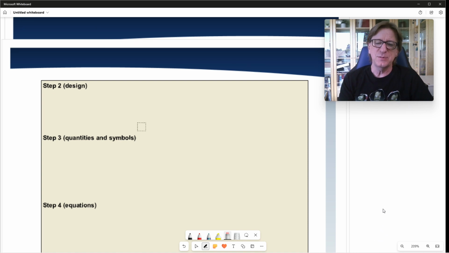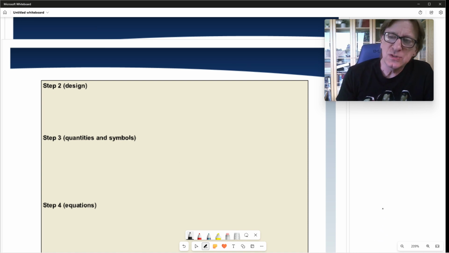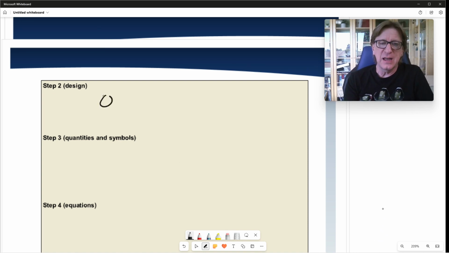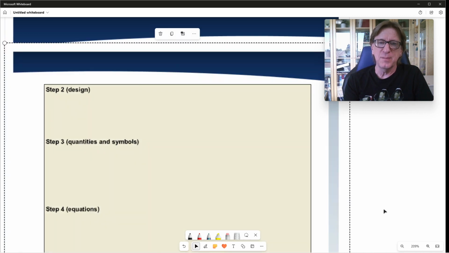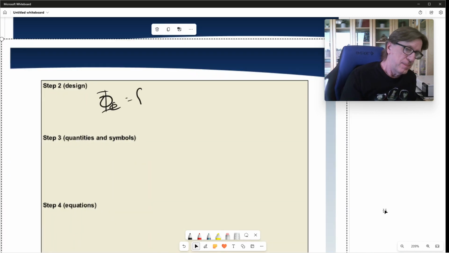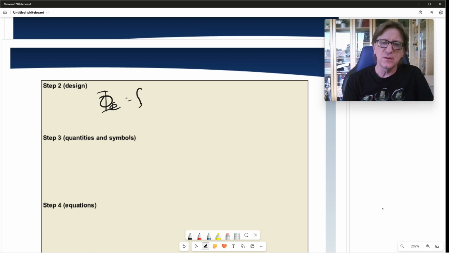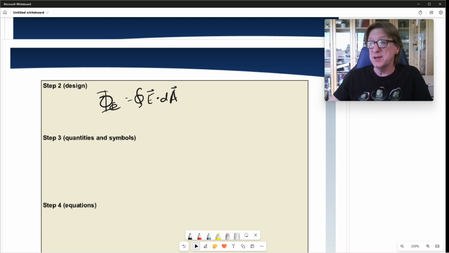All right, so now step 2 is our design. So to find the flux, I know that it's going to be this surface integral here of E dot dA. Now you notice that I'm writing this down in equations. I'm writing this down in math speak.